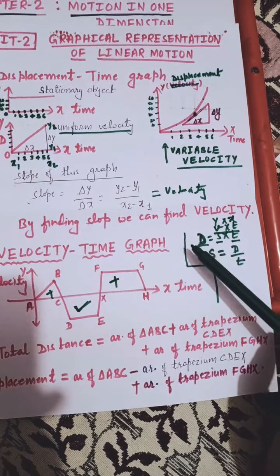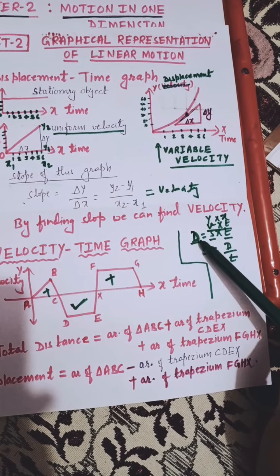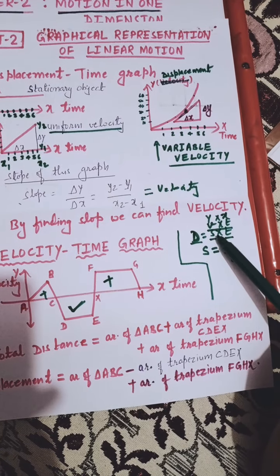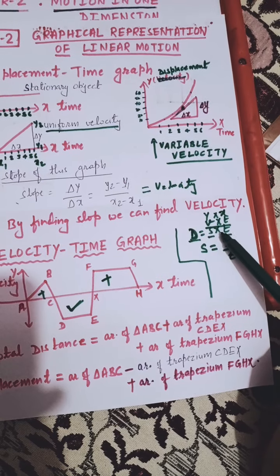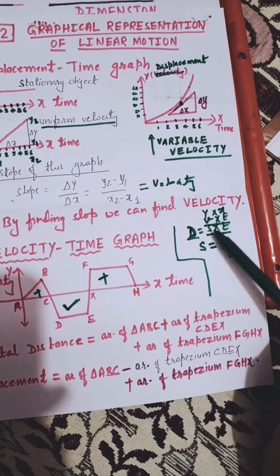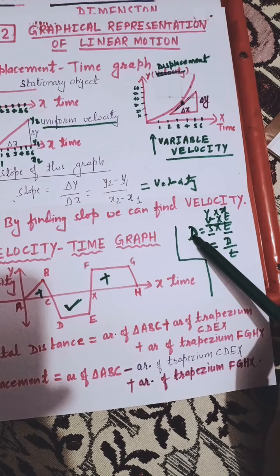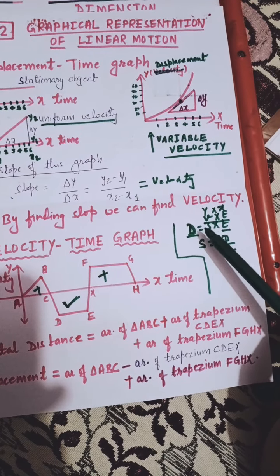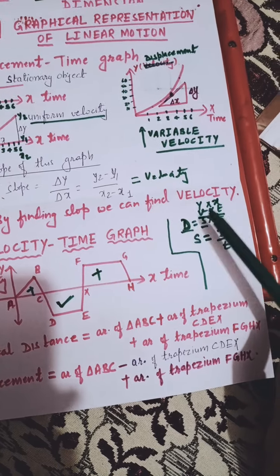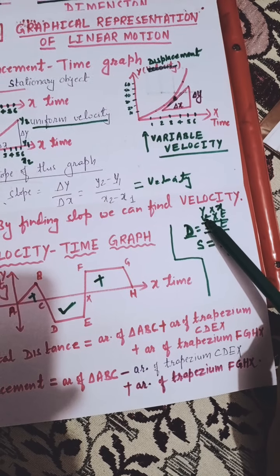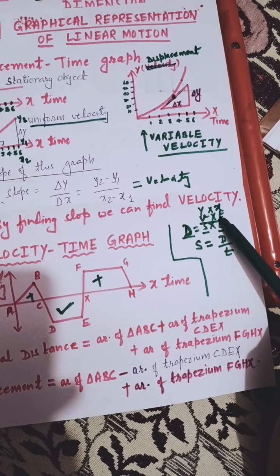As we know, distance is equal to speed into time. This means that when we multiply speed into time, we get distance. Similarly, whether you call it speed or velocity, multiplied by time.